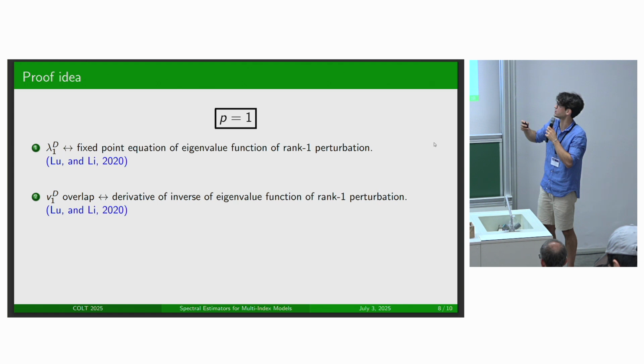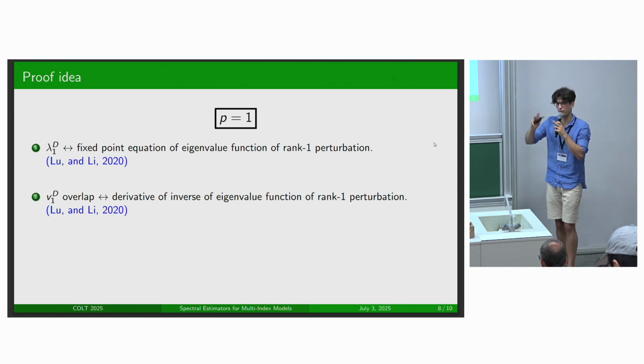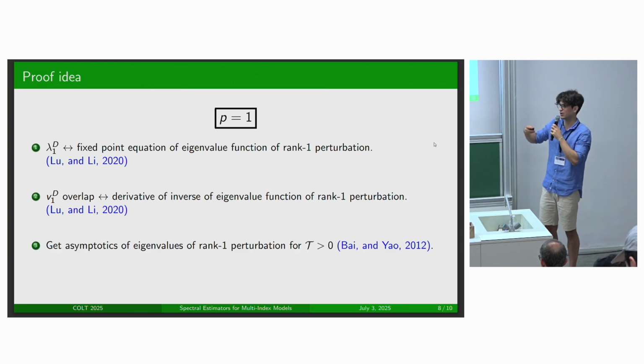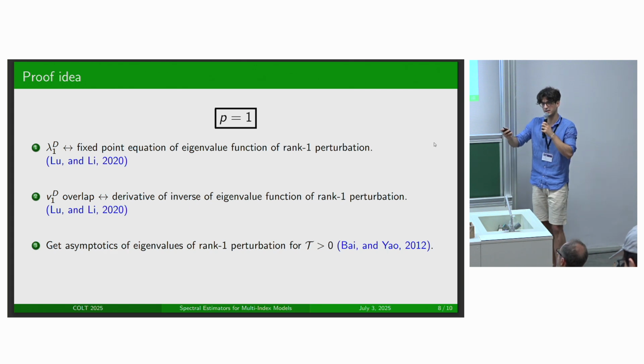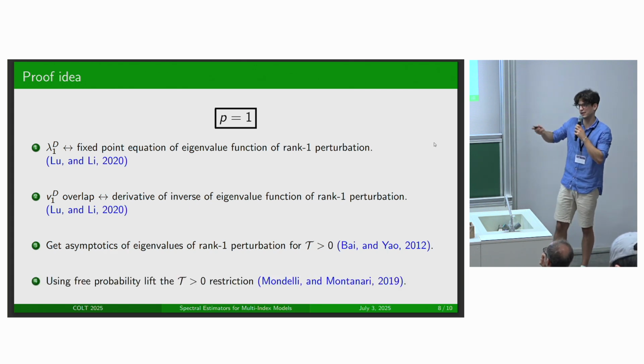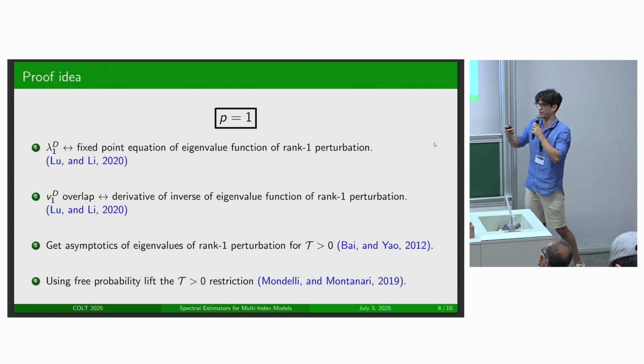Okay, just to go fast through the proof idea: in the one-dimensional case, we connect the eigenvalues and eigenvectors to rank 1 perturbations through some tricks. Then we use the asymptotics of the eigenvalues of rank 1 perturbations to get the asymptotic performance. And then we can lift this restriction using free probability.